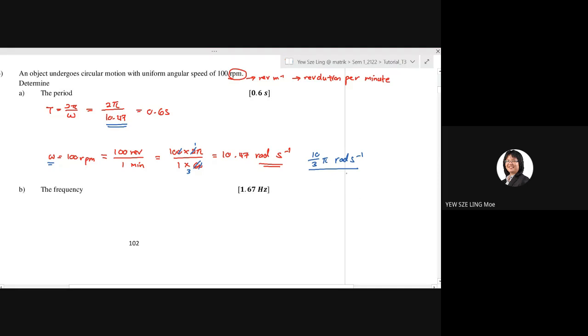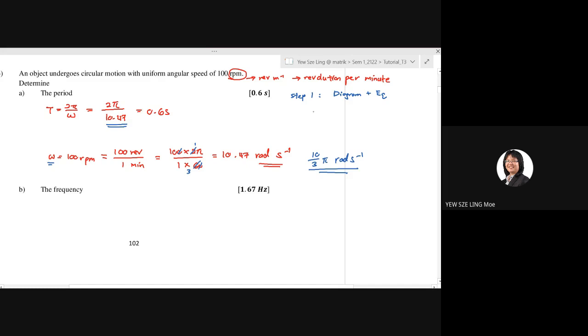If you don't want to leave it in terms of pi, to be more precise, I should leave the answer to 4 decimal places. Before you reach the final step, you leave everything in 4 decimal places, and in the final step you round it to 2 decimal places. In exams, that is usually what we do. Step 1, diagram and equation.